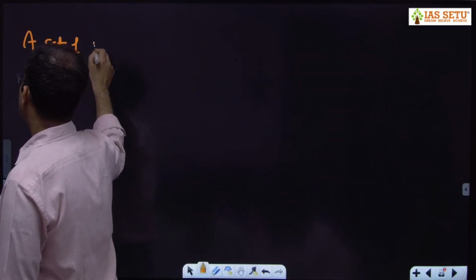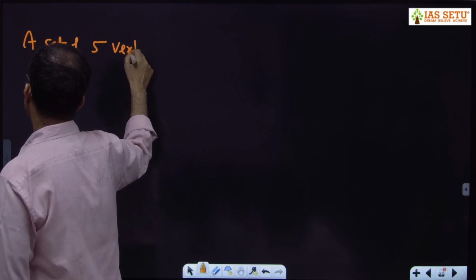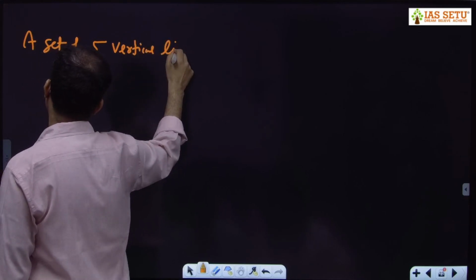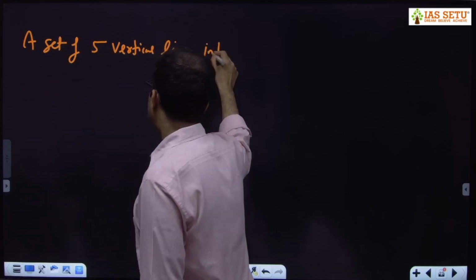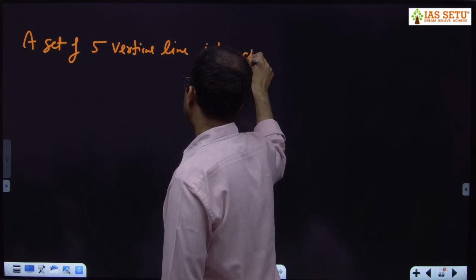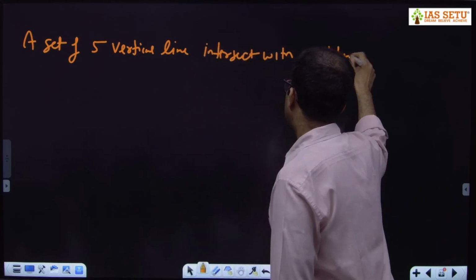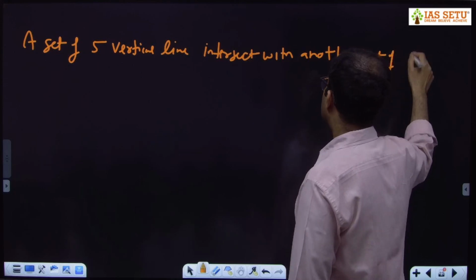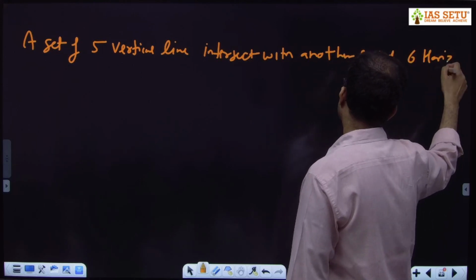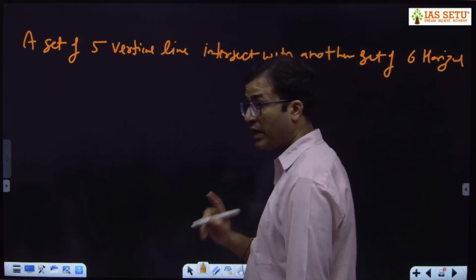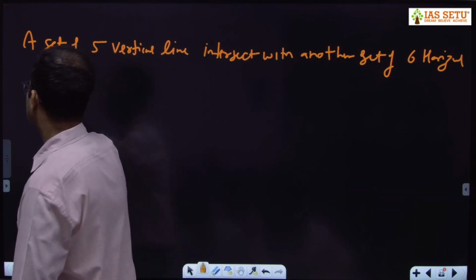A set of 5 vertical lines intersects with another set of 6 horizontal lines. 5 vertical lines intersect with 6 horizontal lines.